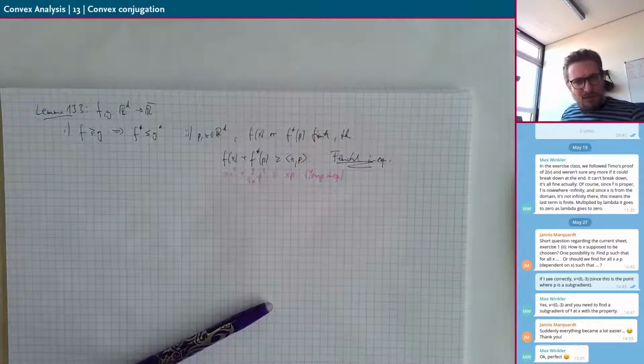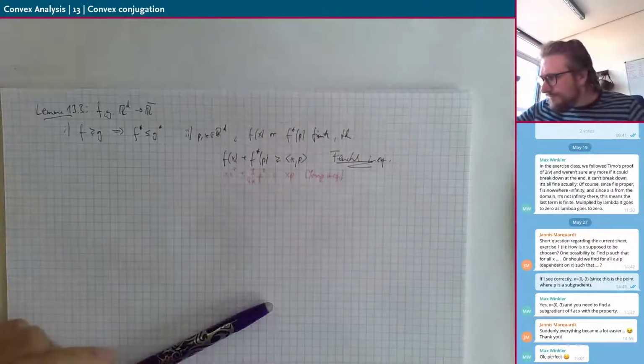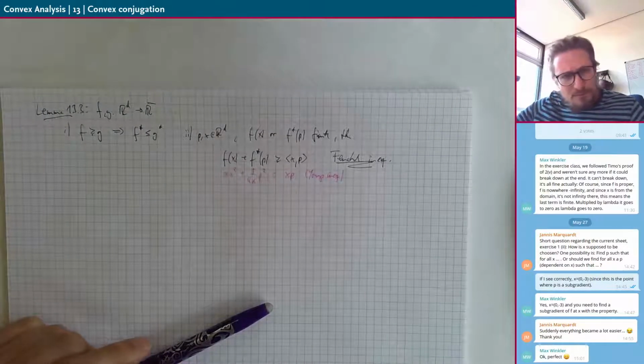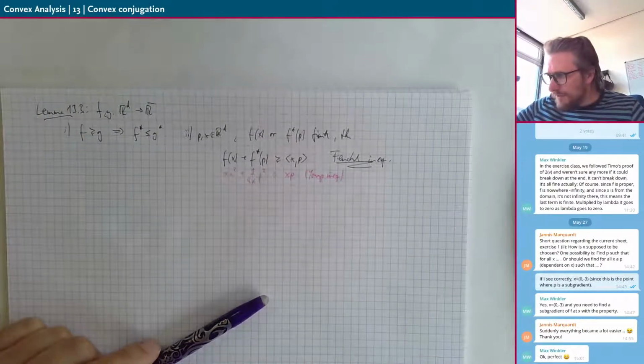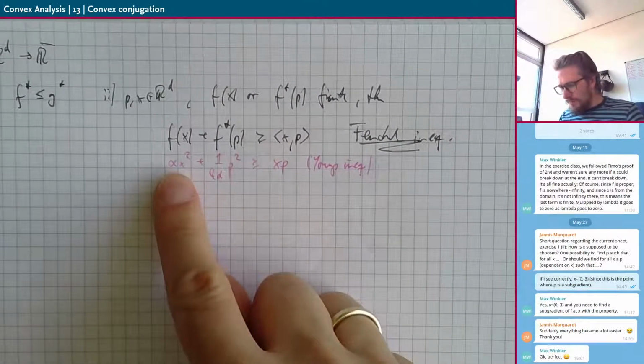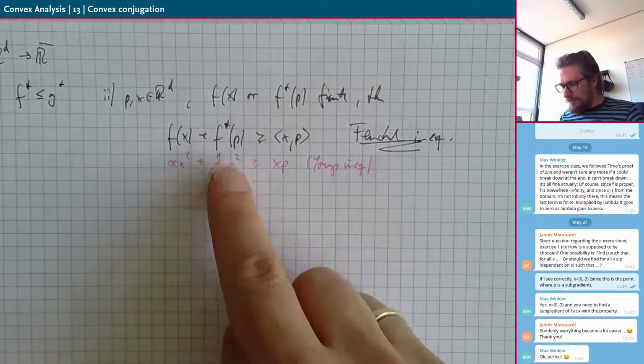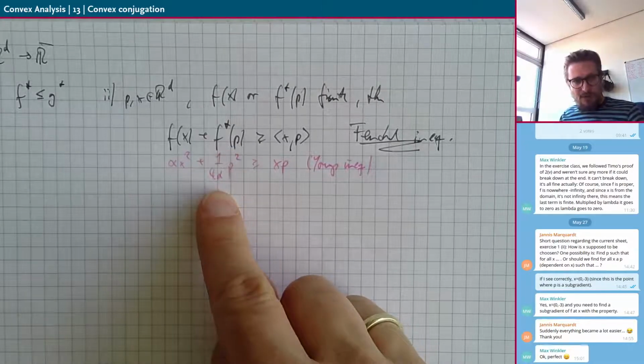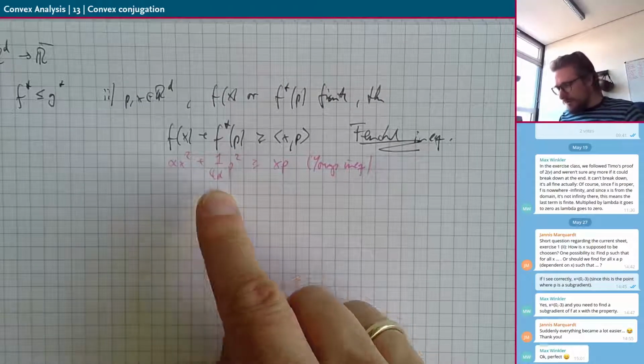Young's inequality is often stated with alpha over 2 here, and then you would get 1 over 2 alpha here. This is the standard way to write Young's inequality, but that's it.